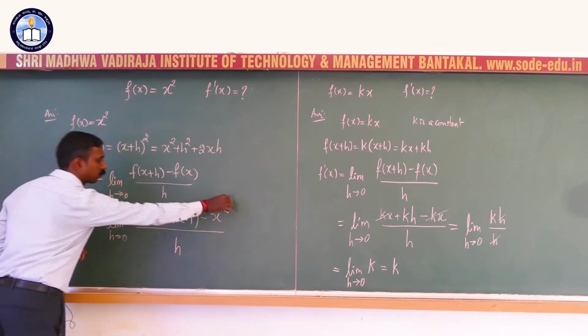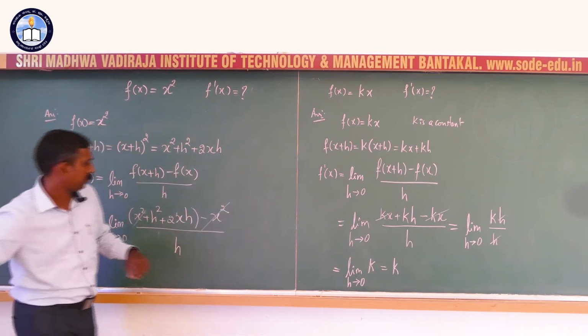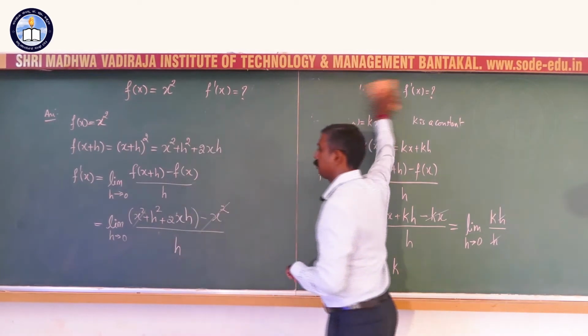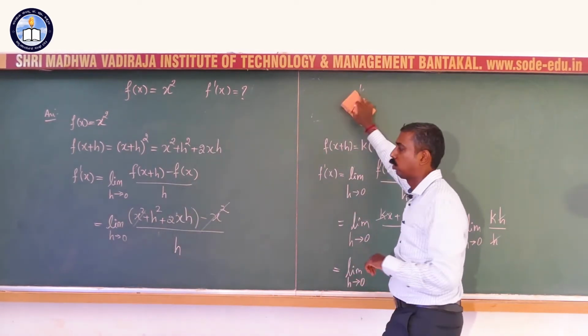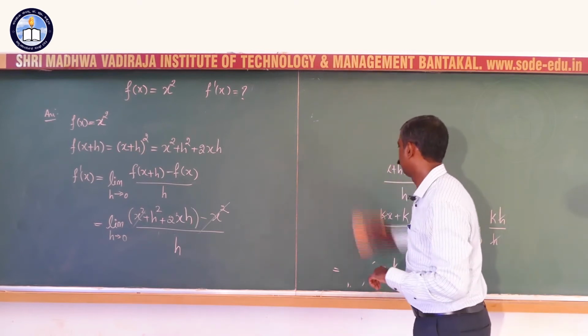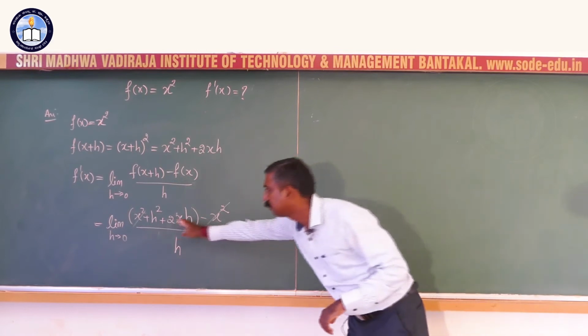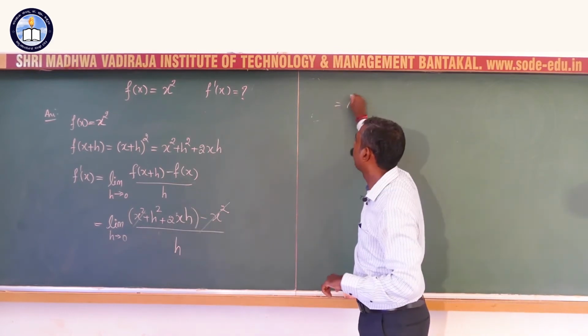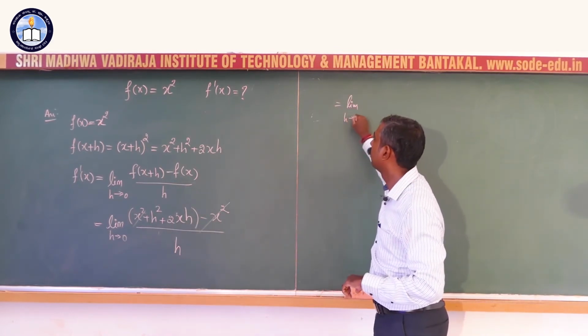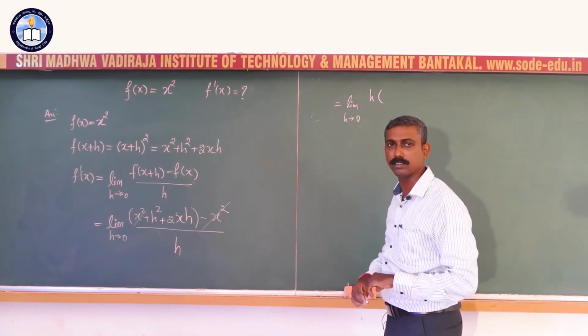See that x square and x square cancel. Now we are left with h square plus 2xh. In that, h is common. Therefore, I will rewrite this as limit h tending to 0, take h outside.